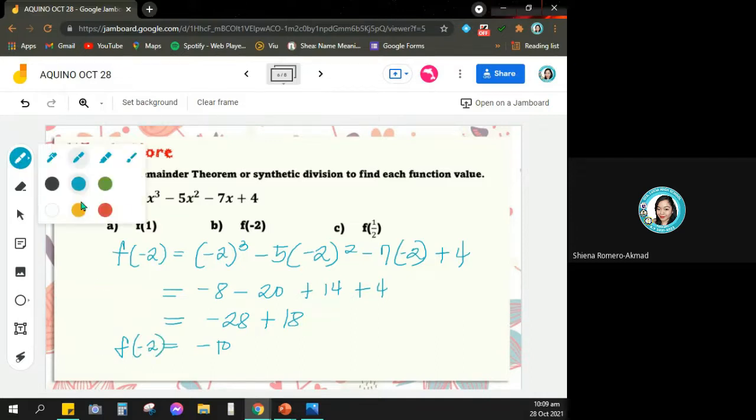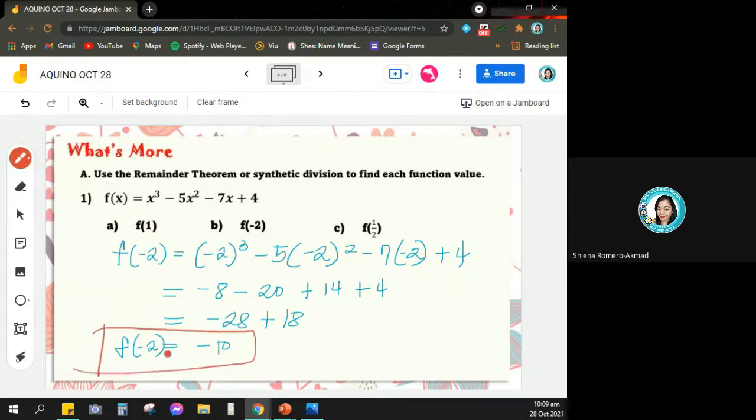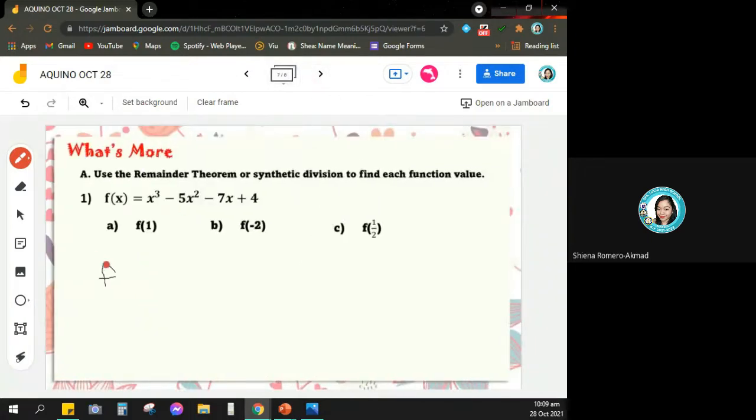Ano yung ibig sabihin nun? Ibig sabihin, the remainder is negative 10. Okay? How about kung fraction tulad nito, 1/2. Ayan, may gusto yata magsagot. Burahin ko muna ha. So we have fraction. Napapagod na yung boses ko.